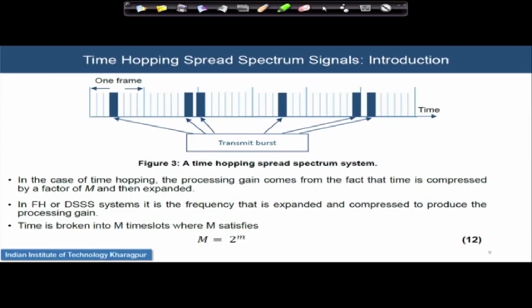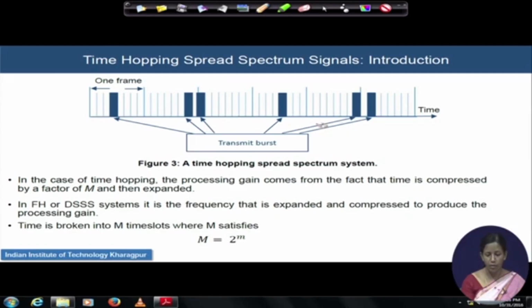The concept is such that, given the whole time frame, we will divide the total time frame into several smaller frames, and within that smaller frame there will be further subdivision of the time frames, and whatever data you have collected in the earlier frame will be transmitted in any one of the subframes of this one frame in a burst mode.